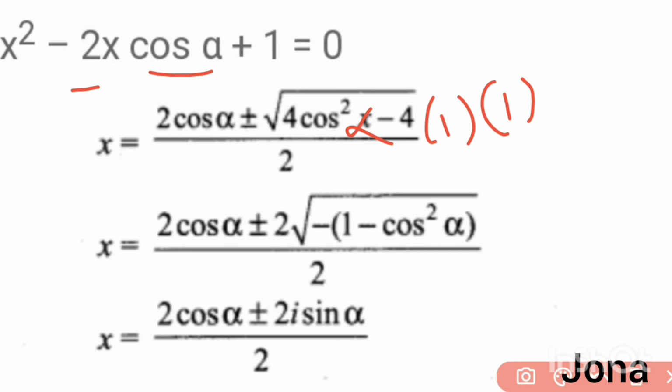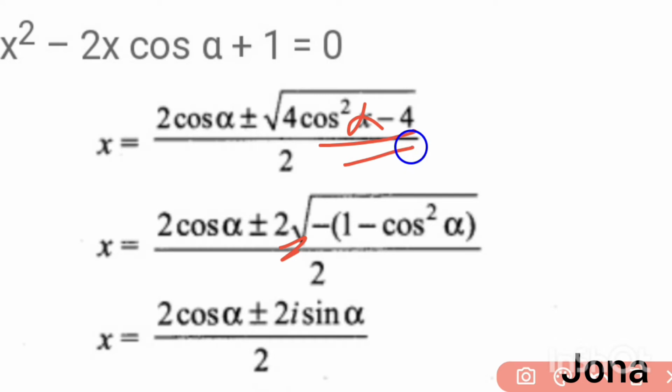So in the next step we write 2 cos alpha plus or minus root of 4 cos square alpha minus 4. Take 4 as common, and the square root of 4 is 2. The remaining thing in the bracket is cos square alpha minus 1.